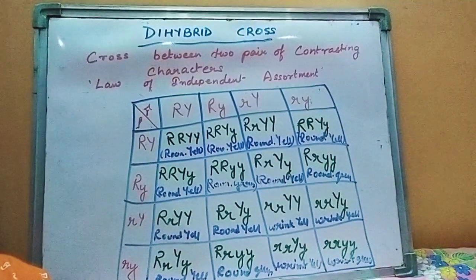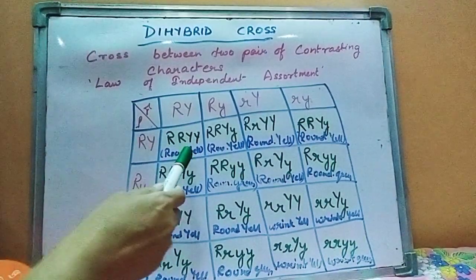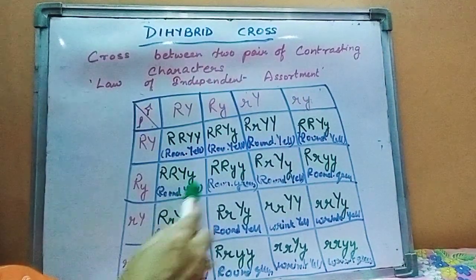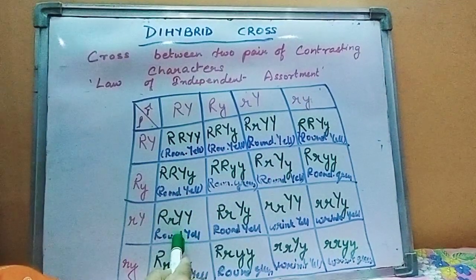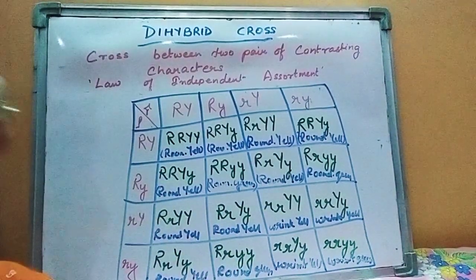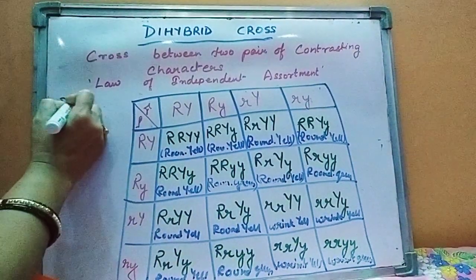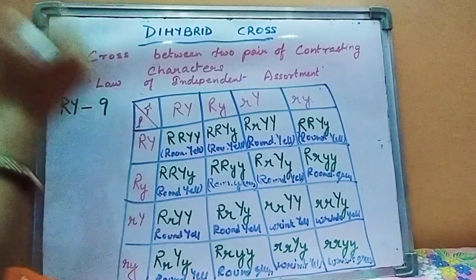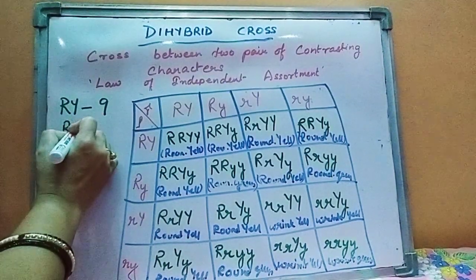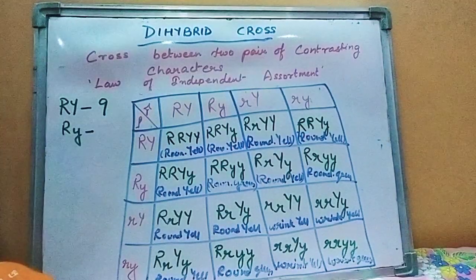So let's count how many were round yellow. 1, 2, 3, 4, 5, 6, 7, 8, 9. So I'm writing here RY, that is round yellow, was 9. Now next was round green. How many were round green?